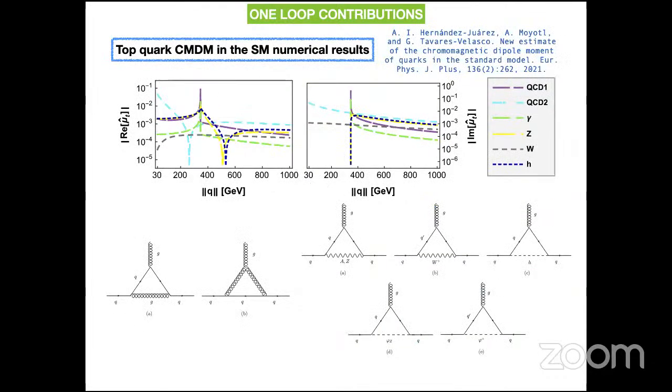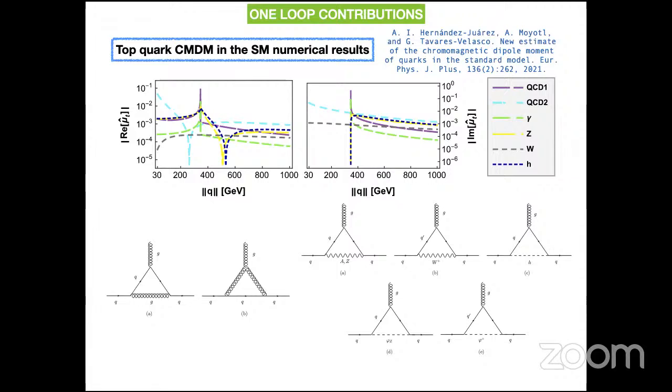Before proceeding to more about the LHC, I want to discuss some numerical results for the chromomagnetic dipole moment in the standard model. On the left side, I show the real contribution from this Feynman diagram to the top quark chromomagnetic dipole moment. But on the right side, I want you to note we obtain the imaginary part. So this is the optical theorem, right?